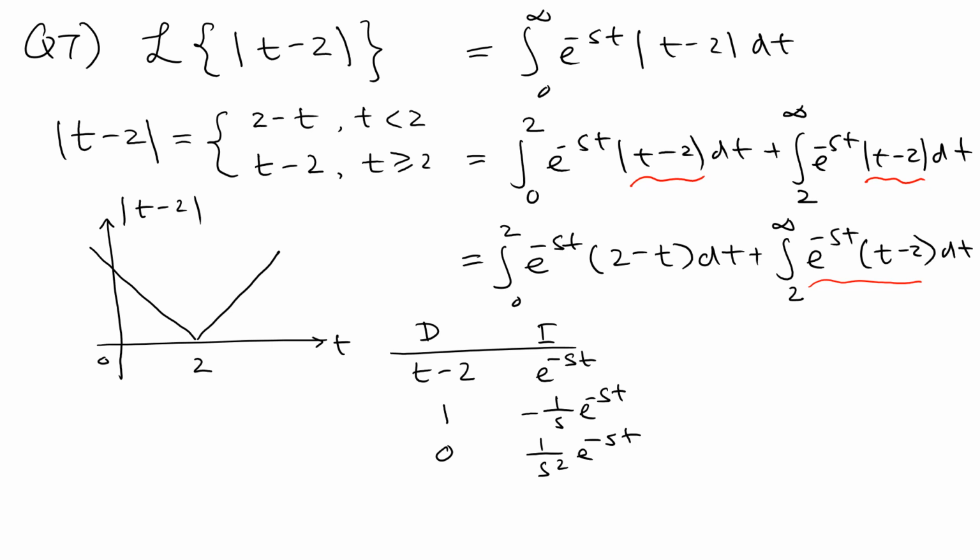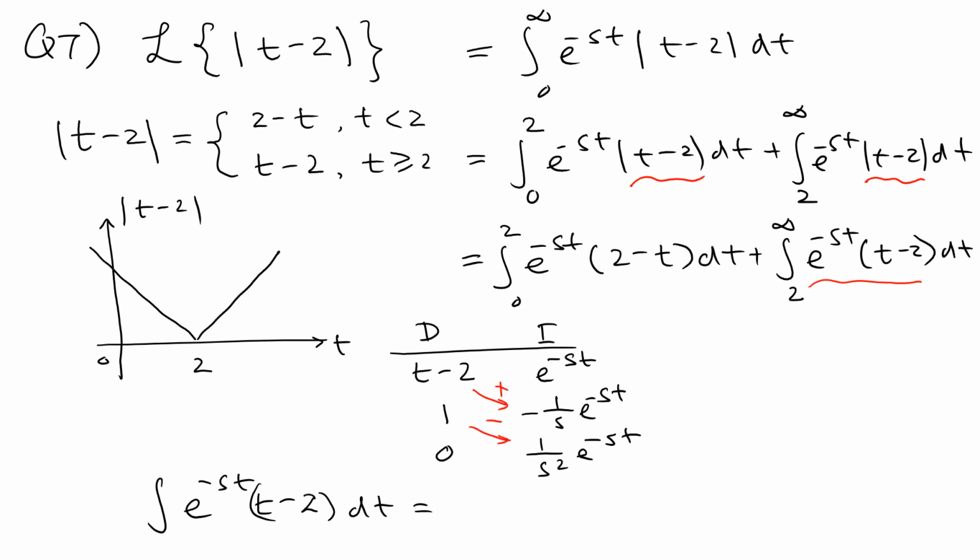We don't put any values here, we just write the integral. So it is e to the minus st times t minus 2. The other one is just the negative. So you can see this is a plus 1, this is a minus 1.